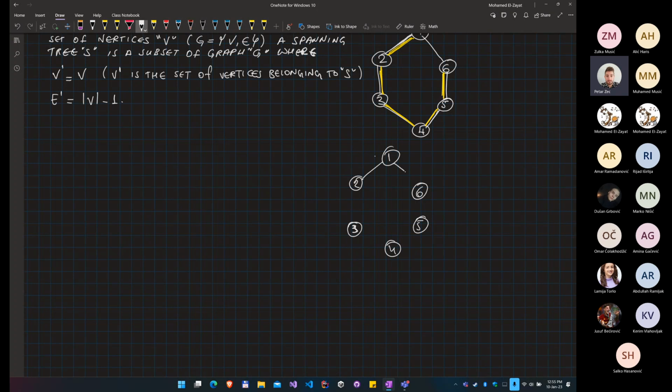And let's say that you have something like this. And then you are asking, okay, what is going to be the minimum spanning tree for this graph?